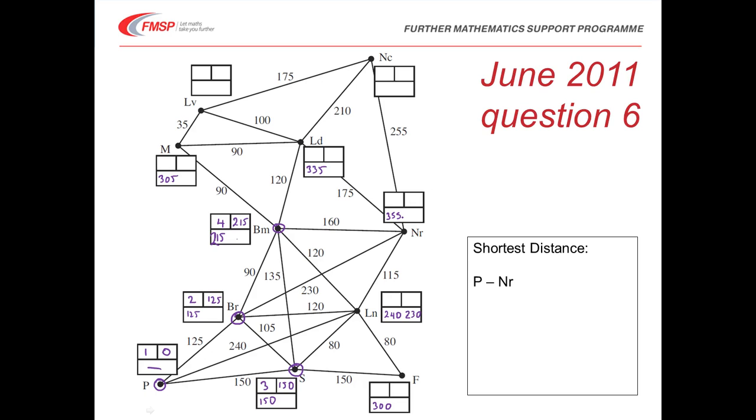Well, I don't write that in because it's not better. And keep checking, there's another one here, 215 plus 120, that's 335. No, I don't want that either, but I did need to check it. Then the other two connections are already boxed.